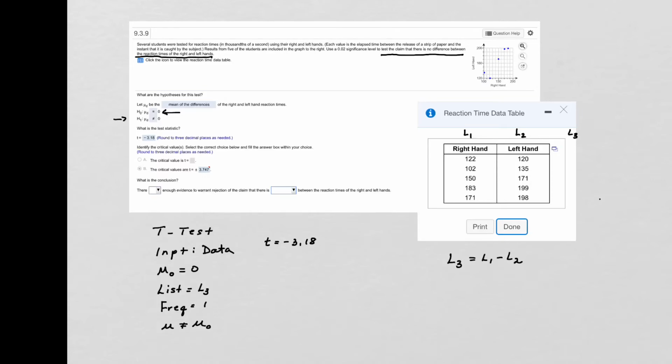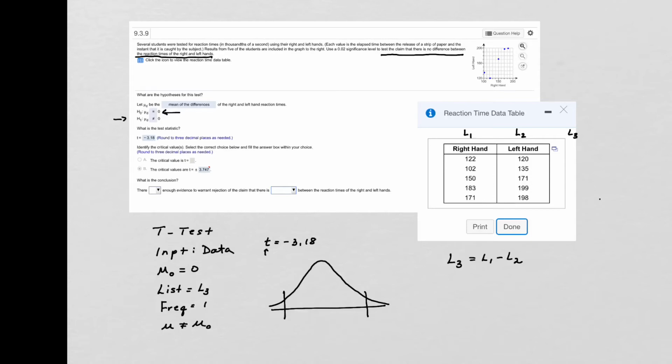Now we're up to that point, and we need to find the critical values. So how do we do this? Because we're working with the t-distribution, I'm going to draw that t-distribution. Really, it just looks like the normal distribution. And we're doing a two-tail test.